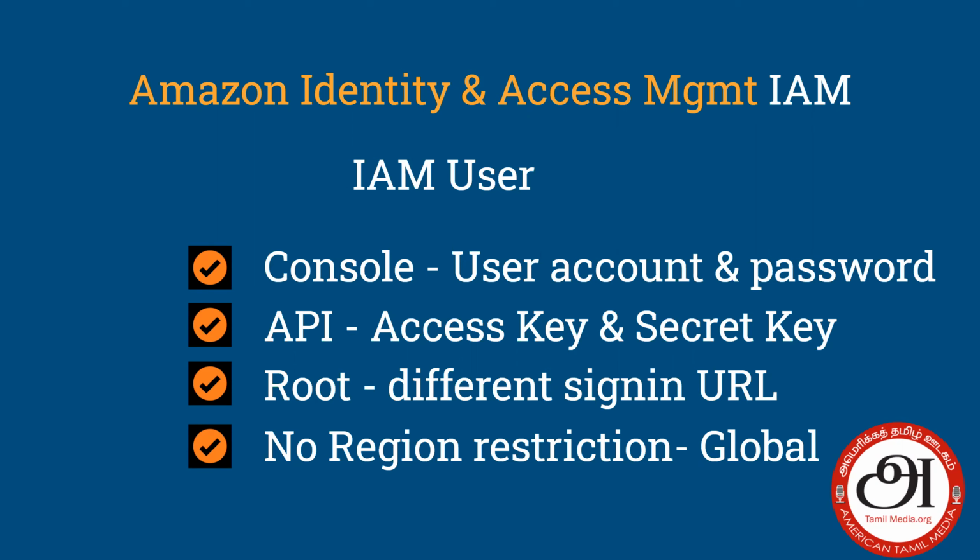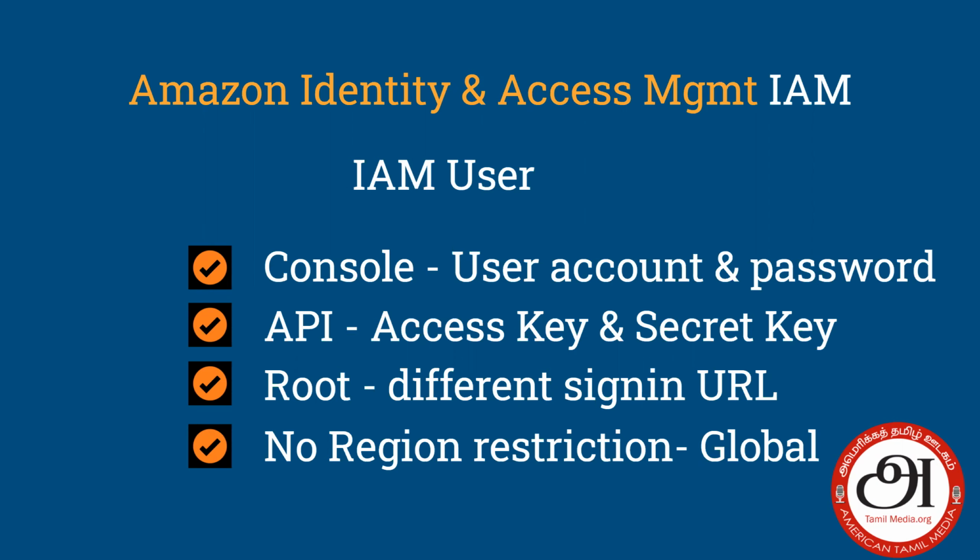And for having API access, you have a different kind of credentials. It is called access key and secret key. It is like a key which you can configure in your config file or in your programs. You don't put your account name and password in those programs; you rather use the keys. For console, you have to type in the username and password.